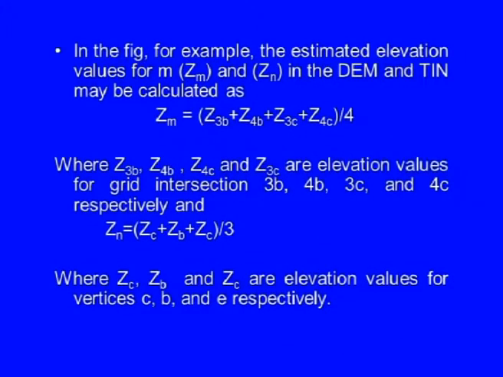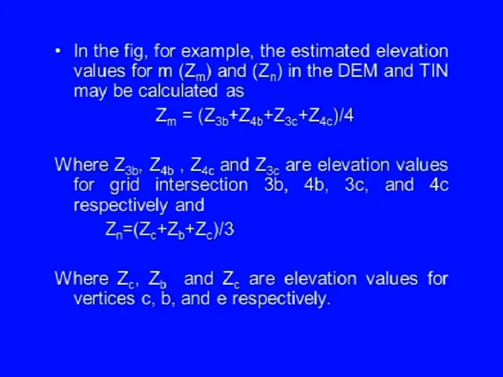In the figure, for example, the estimated elevation values of the point M are designated as ZM and ZN in the DEM and TIN, and may be calculated as ZM is equal to Z3B plus Z4B plus Z3C plus Z4C divided by 4, where Z3B, Z4B, Z4C and Z3C are elevation values for the grid intersections 3B, 4B, 4C and 3C respectively.